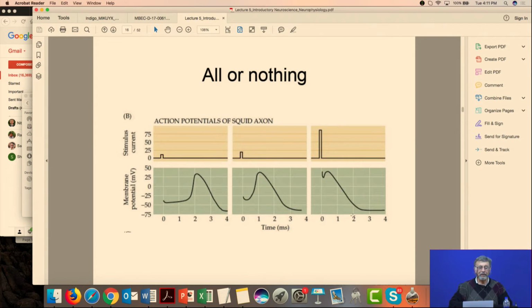What they saw, which is the most interesting part, is what is called an all or none phenomenon. Whatever low level of little current input, no response, but as soon as it becomes just large enough, you get this pulse, a full action potential.